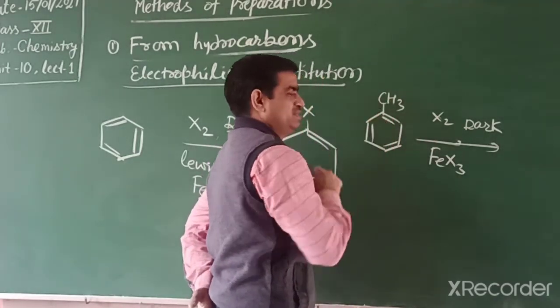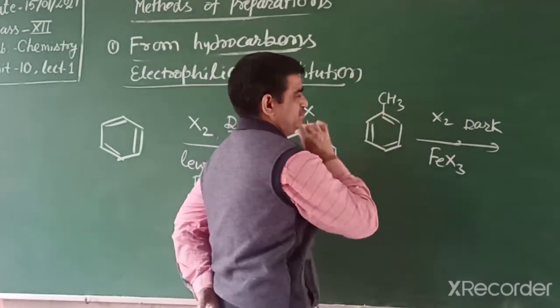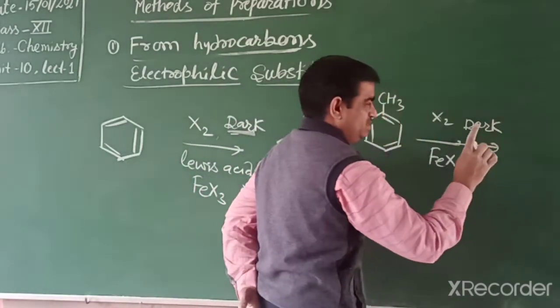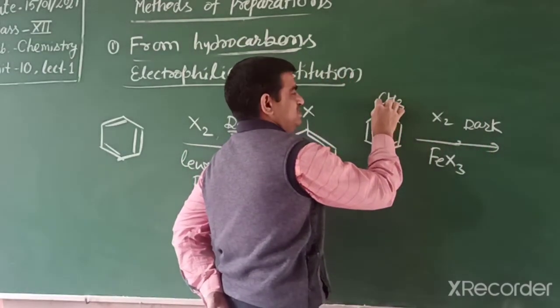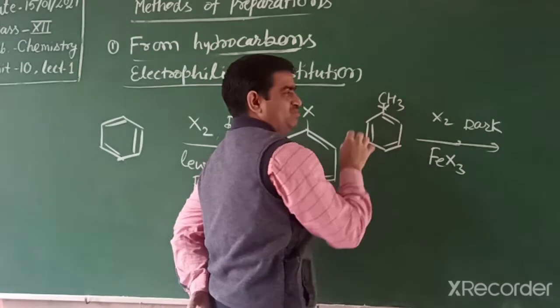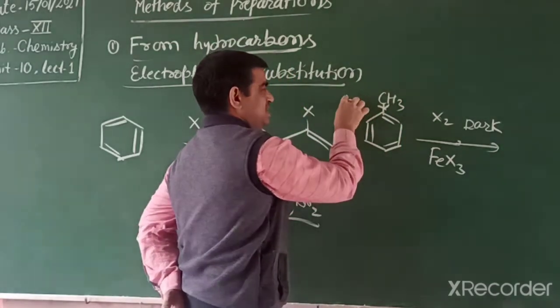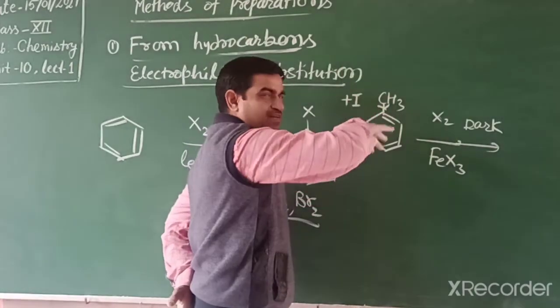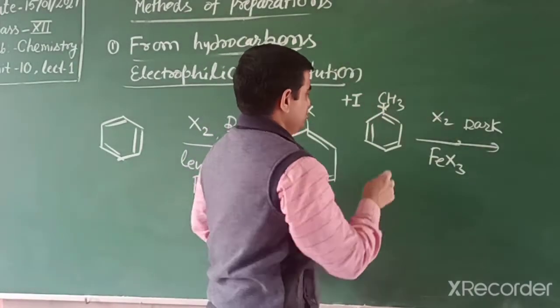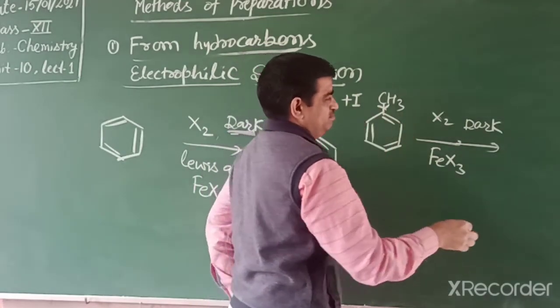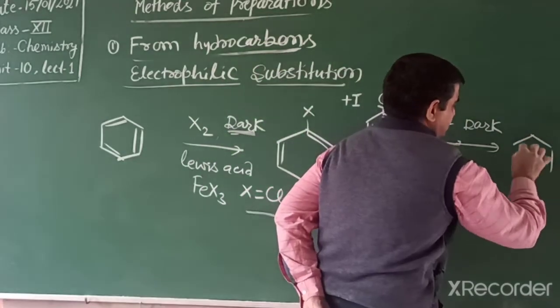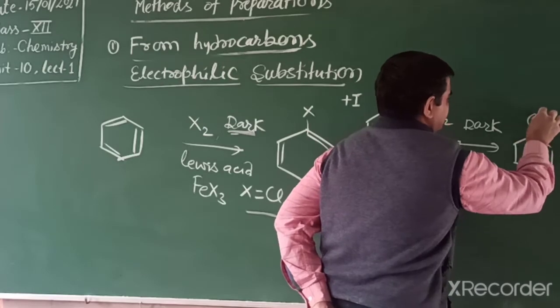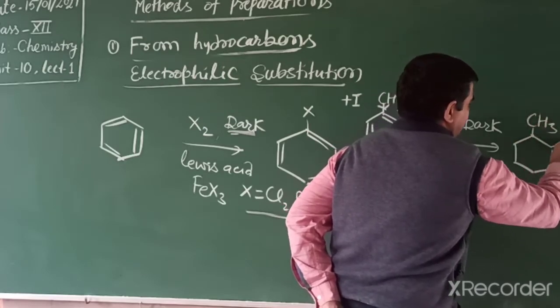Why? Electron density increases at ortho and para positions due to the inductive effect. What is the inductive effect? It is an electron releasing effect, plus I effect. We discussed it earlier in 11th class. So electron density increases at ortho and para positions, and you get such type of halogen products.